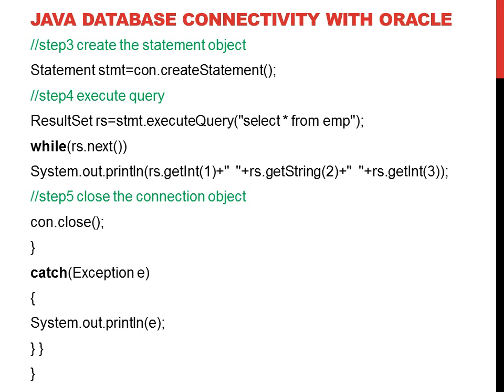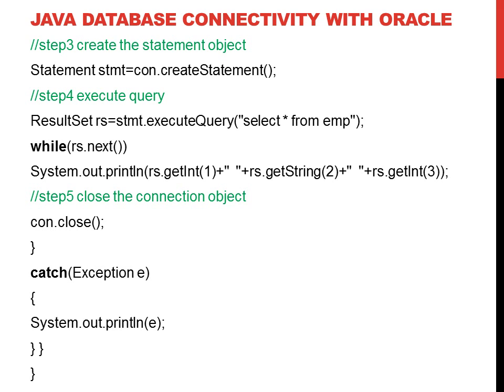Next step is to process this result set. For that we use a loop that iterates through the rows of the result set. While rs dot next is true, meaning there is a row, we print the first column, second column and third column. We use getInt for the first column because it is of number data type, getString for the second, which is name, and getInt for the third column, which is again a number data type.